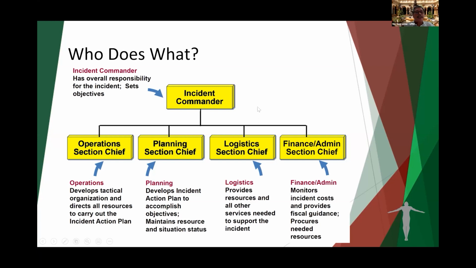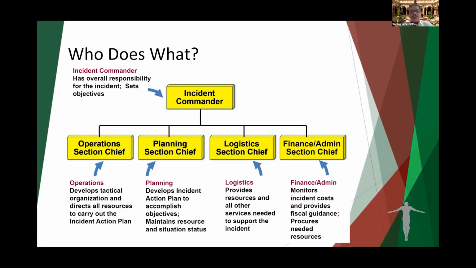The incident commander has overall responsibility for the incident and sets the objectives. The operations section chief develops the tactical organization and directs all resources to carry out the IAP, or the incident action plan, which is developed in the planning section. The planning section also maintains resource and situation status.